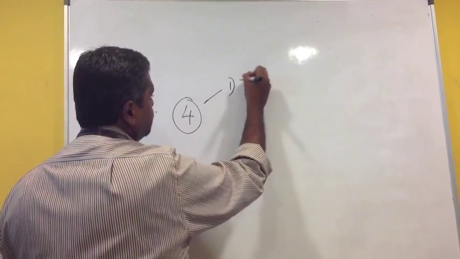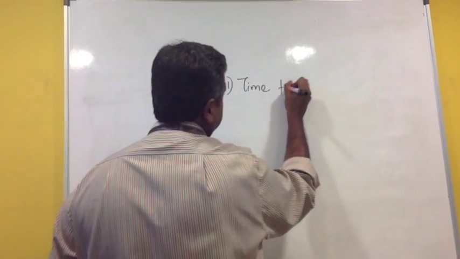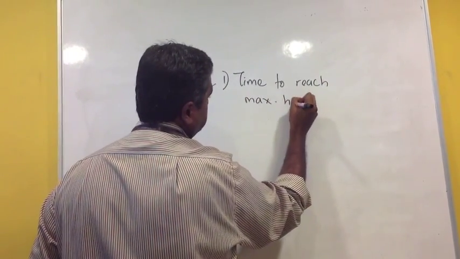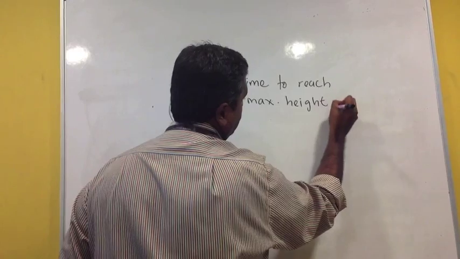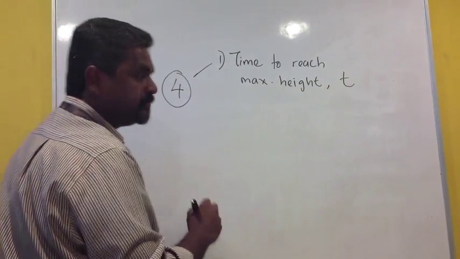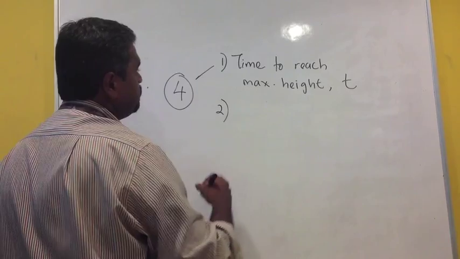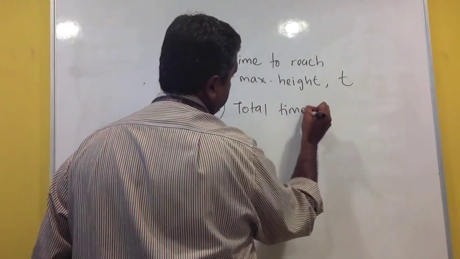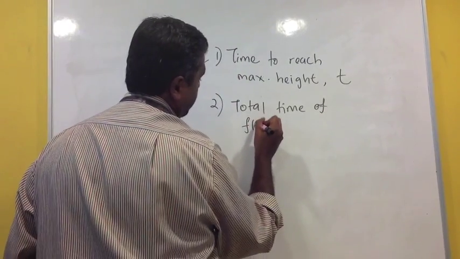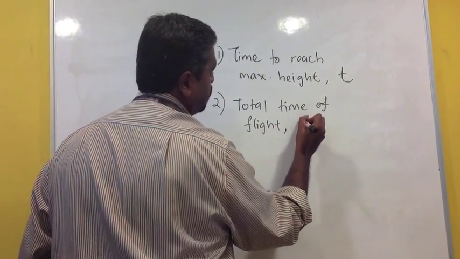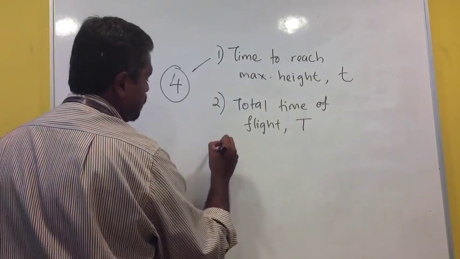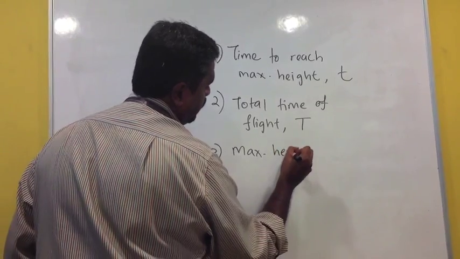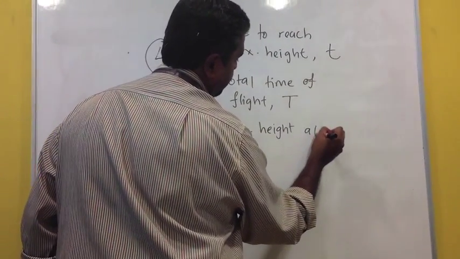The first thing is time to reach maximum height, or simply t. The second thing is total time of flight, or simply big T. The third thing is the maximum height attained.